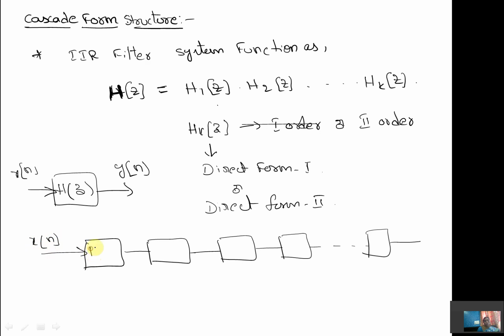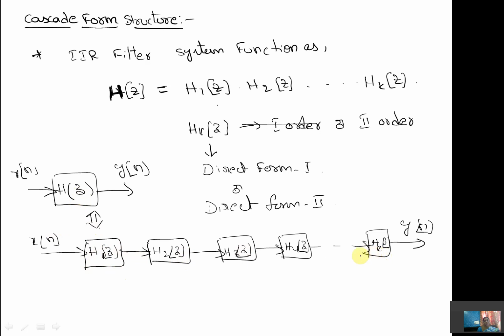If you decompose this system into H1(z), H2(z), H3(z) and so on, Hk(z), and these are connected in a cascading form like this, then this H(z) is nothing but H1(z) into H2(z) and so on, Hk(z).